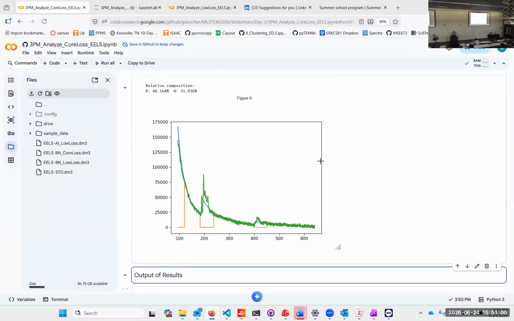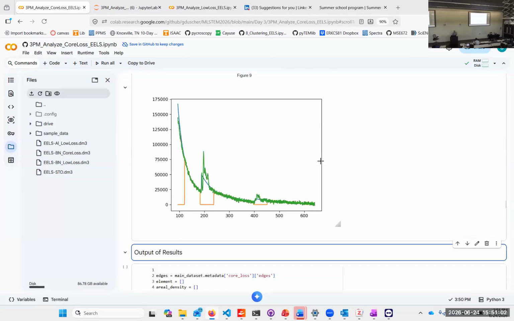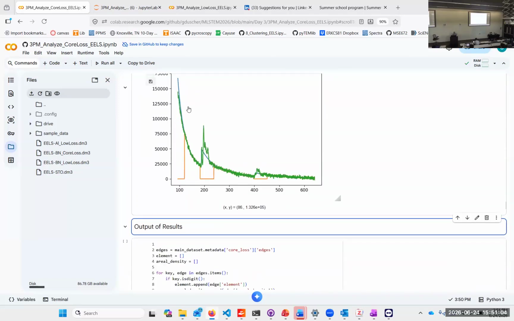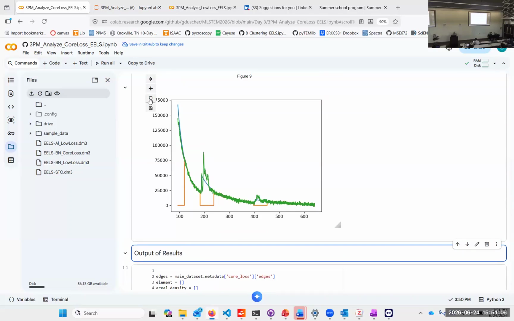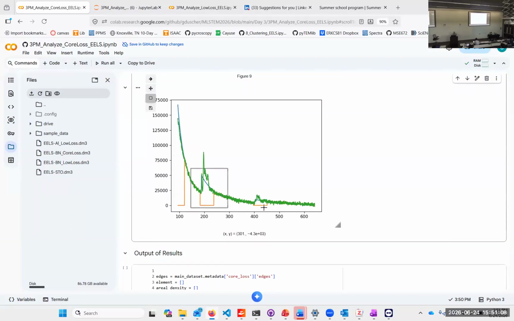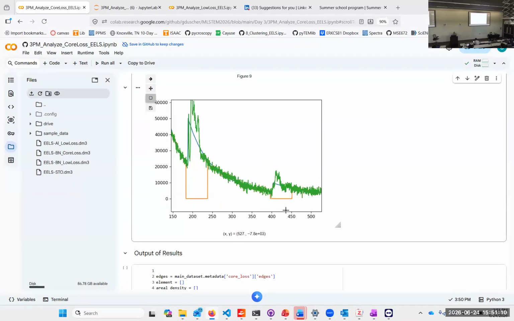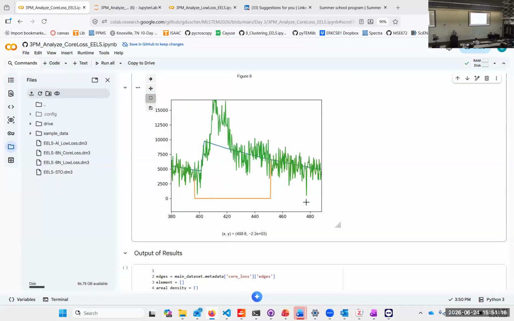Then I fit the data. We see now how the thin blue line is our cross-section with the background, and it fits nicely here.